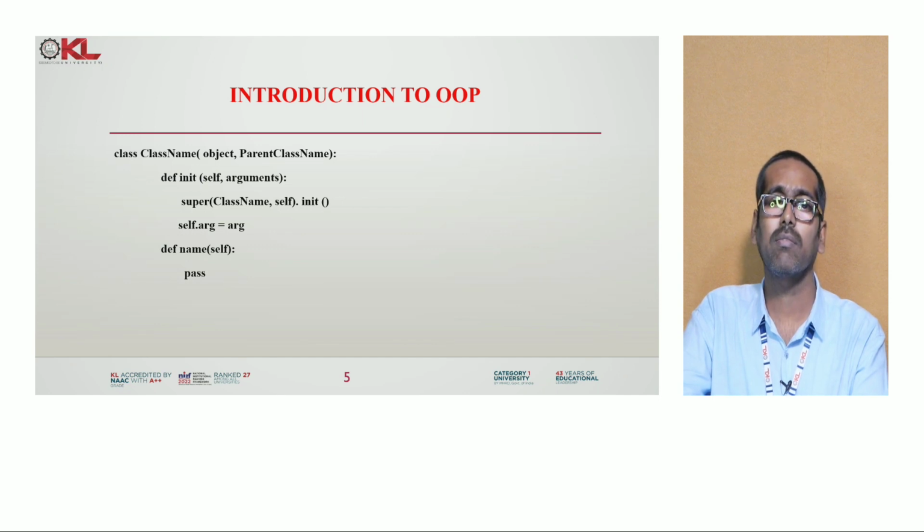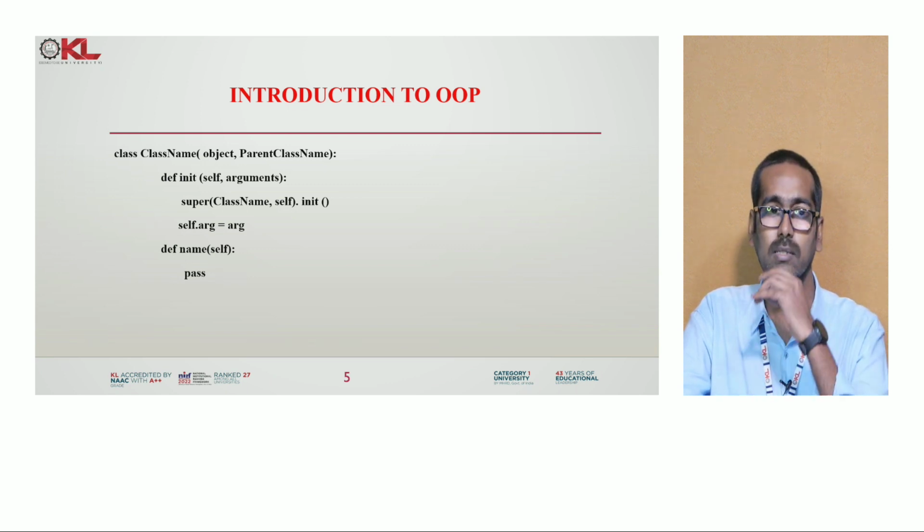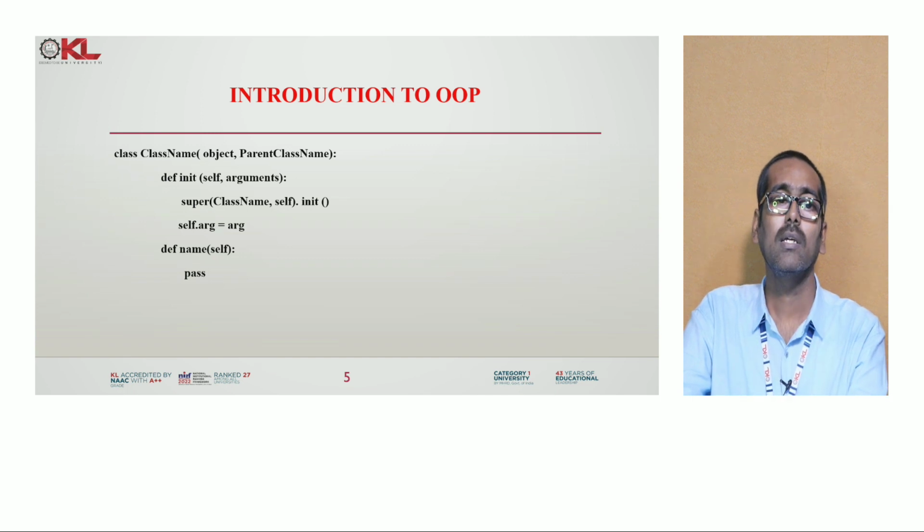Class is a collection of, you may say objects, but better to say a collection of methods and properties. So class is a combination of methods and properties together under one name, in one abstract way. We call that a class.